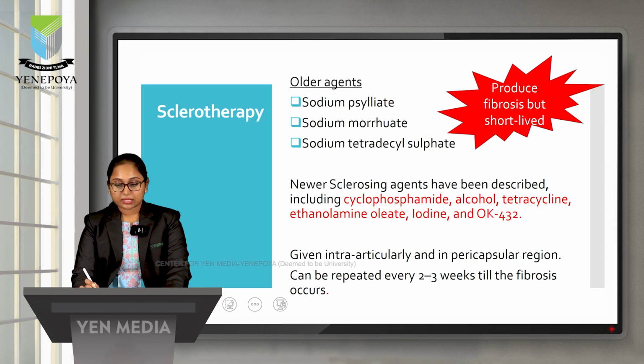Basically this is given intra-articularly and also in the pericapsular region. This produces fibrosis around the joint, which limits the dislocation, and it can be repeated every 2 to 3 weeks till the fibrosis occurs. The main disadvantage of this technique is that the fibrosis produced is short-lived.